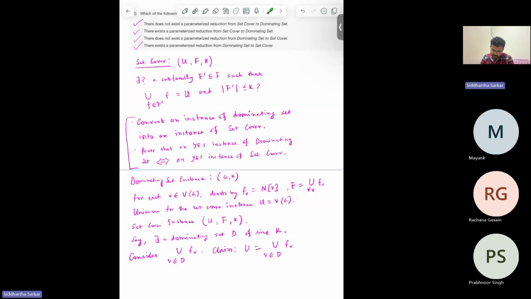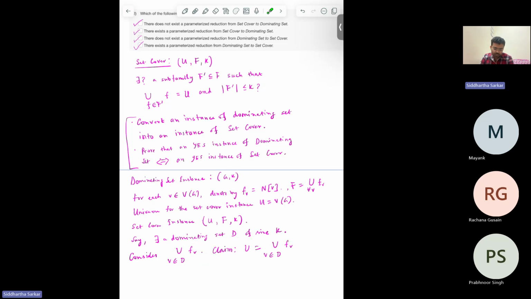Your universe is the set of all the vertices. So the neighbors of the dominating set, including the dominating set, is going to be the universe, and therefore it is going to cover all the elements of the universe. And because the parameter is also preserved, if there are k vertices in the dominating set, there are exactly k sets in the set cover that you are producing.